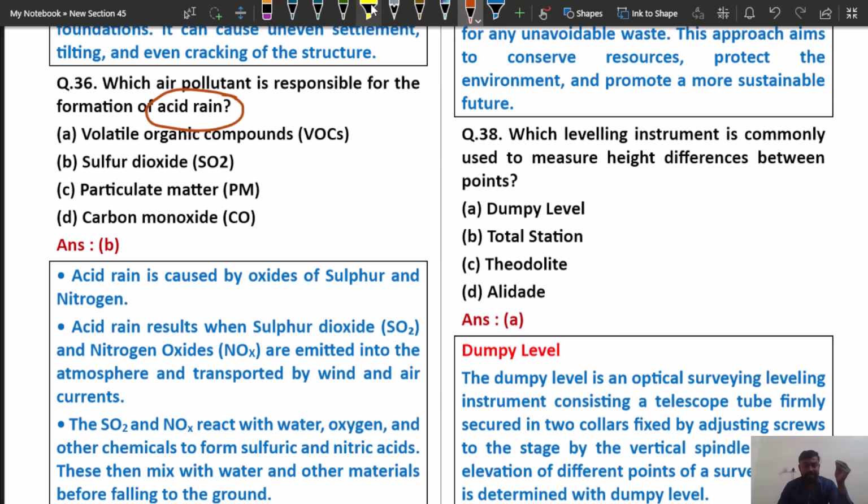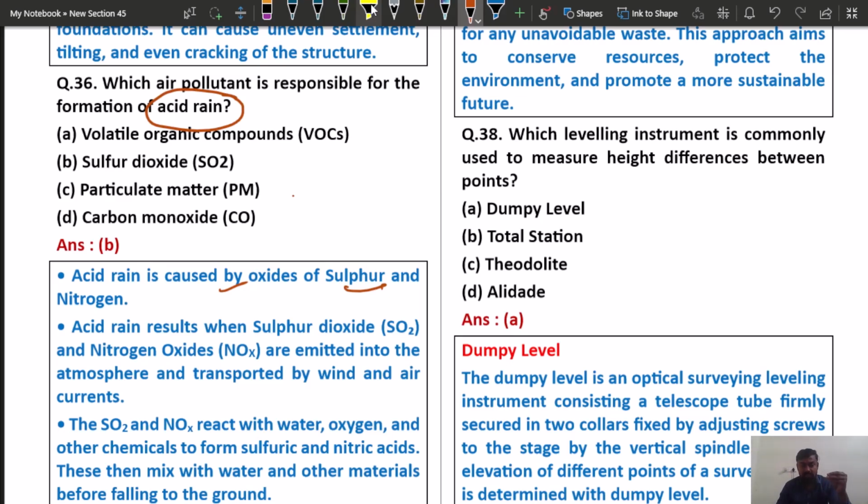Acid rain is caused by the oxides of sulfur and nitrogen. Sulfur dioxide and nitrogen oxides are pollutants produced by vehicles and other sources.